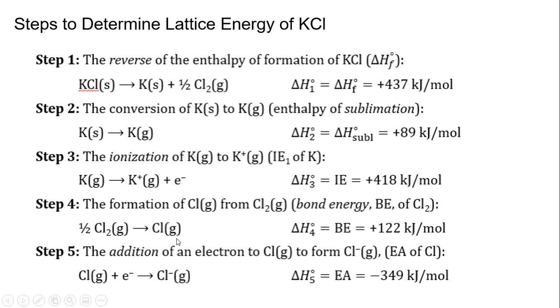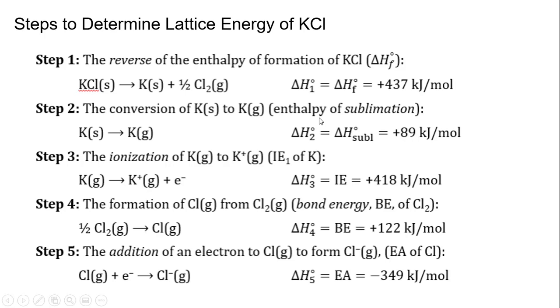Now we have it as a gas, but we need it as an anion. So the addition of an electron, the electron affinity of chloride, and that is the electron that was removed from potassium going to the chloride ion, and that is given here. So let's take a look at this. We have the reverse enthalpy of formation. It is endothermic.